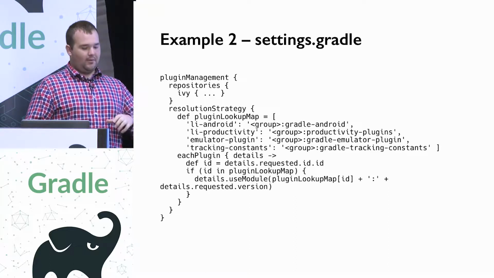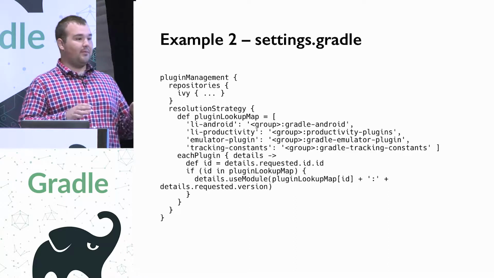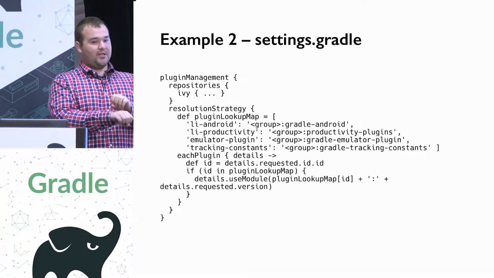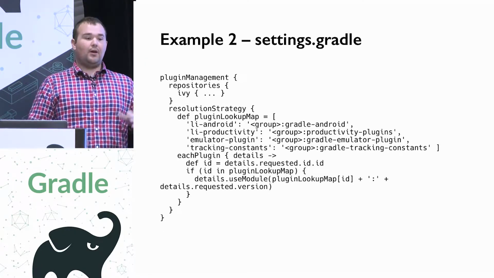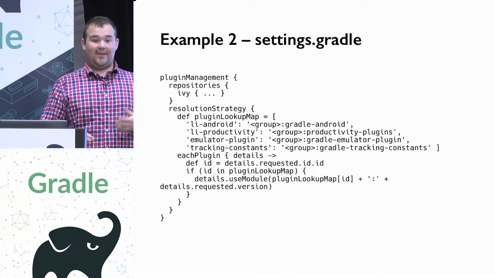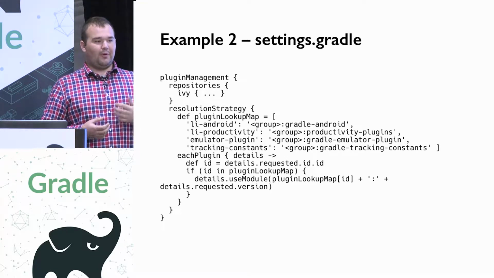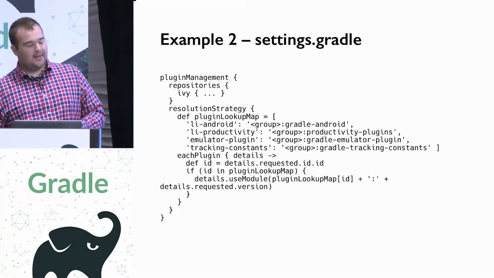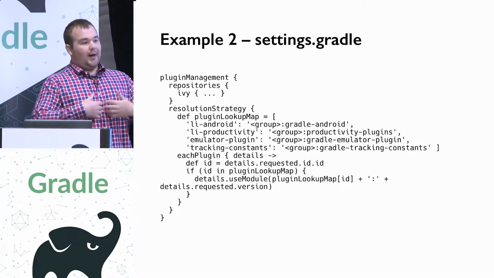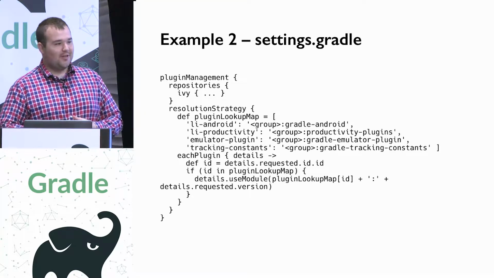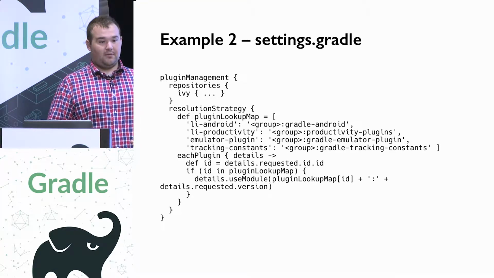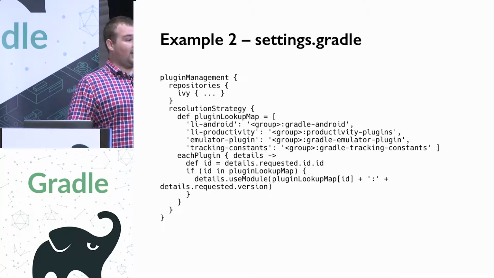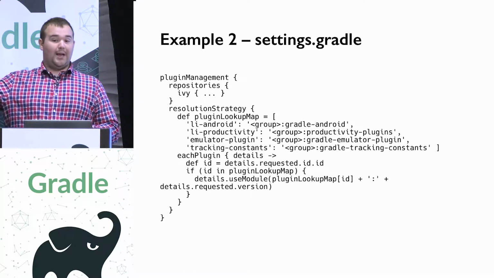Here, in the previous example, we were using Maven publish, where you would get the marker POM published alongside your project and then be able to resolve it dynamically. We don't have that, especially for older plugins, and I don't really want to go through and backport all that. Instead, the development team that's working on this knows where all the plugins live in Maven, or their coordinates. So we've basically done a map from plugin ID to Maven group name.